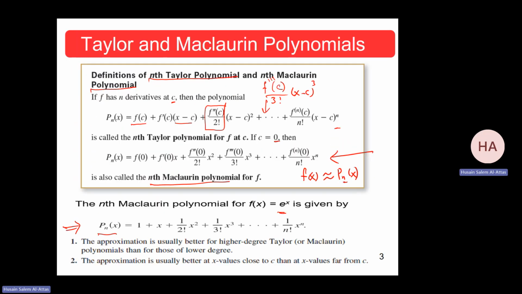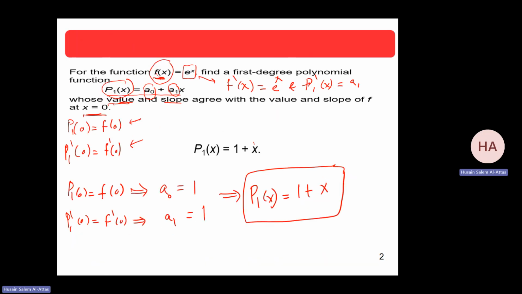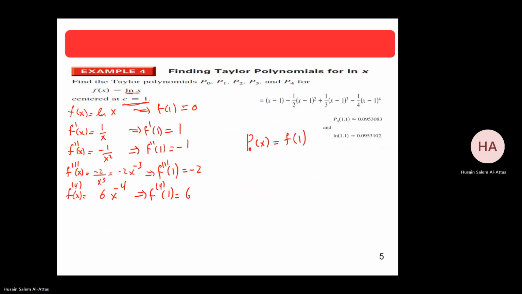I like the formula. So this is P0. This is P1. This is P2, and so on. Okay. P0 of x will be f at 1, which is 0.